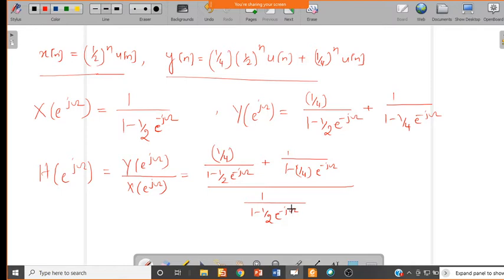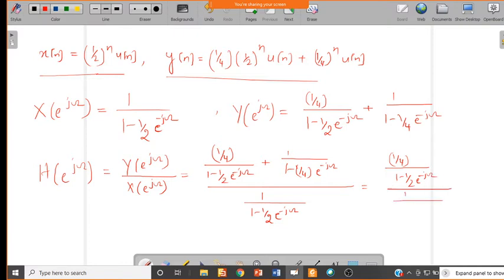So this is what we get. Now we can divide this term and this term separately by this. So we will get 1 by 4 divided by 1 minus 1 by 2 e power minus j omega.